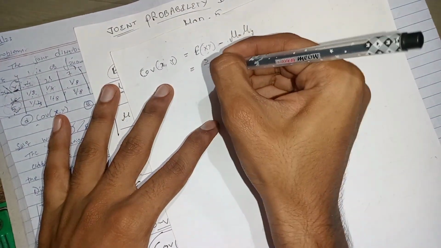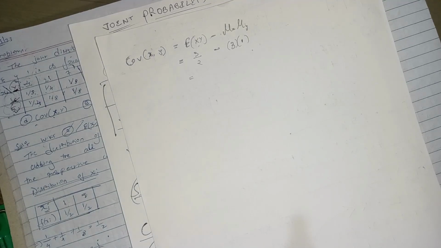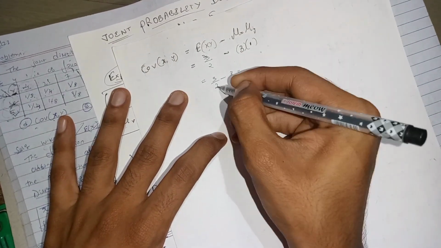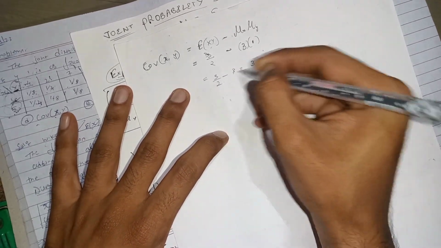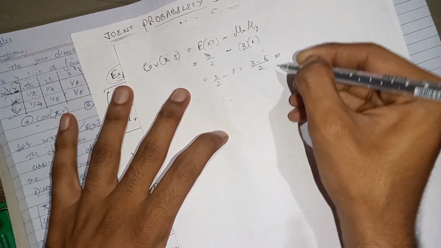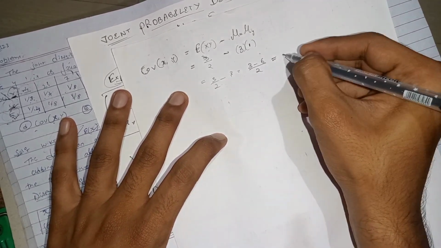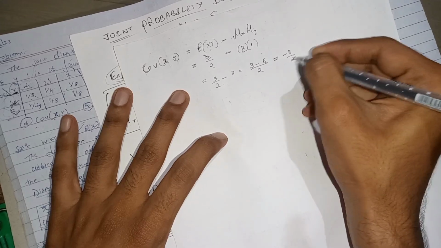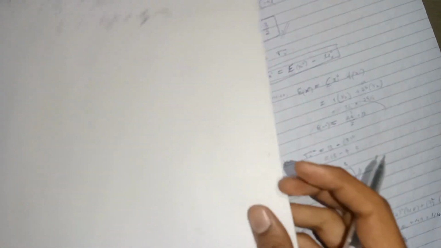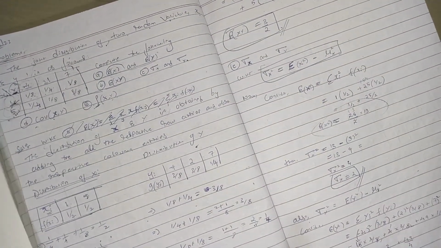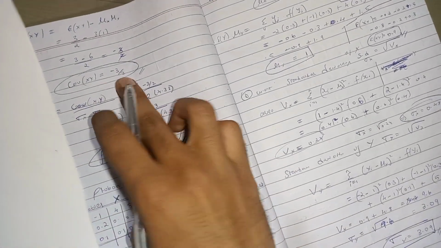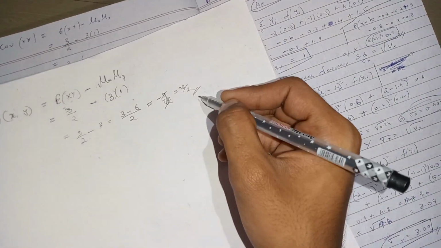So 3 by 2 minus 3: we have to cross multiply, so 6 divided by 2 will be the common LCM. 3 minus 6 is minus 3 by 2. So covariance of X comma Y is equal to minus 3 by 2.